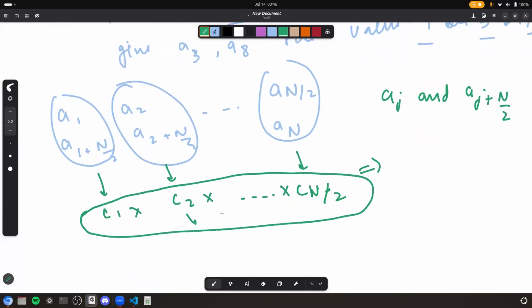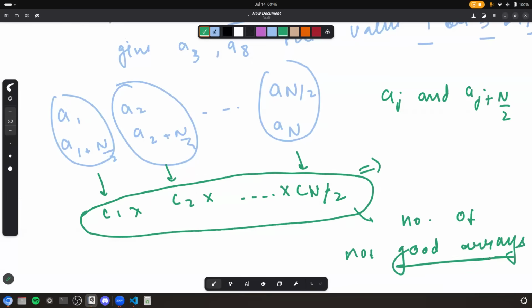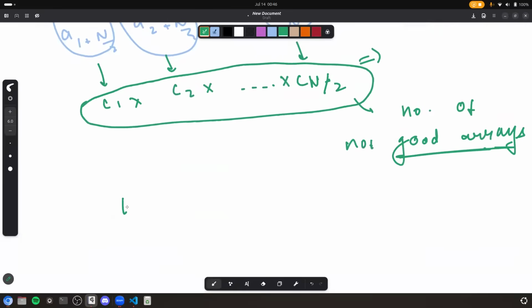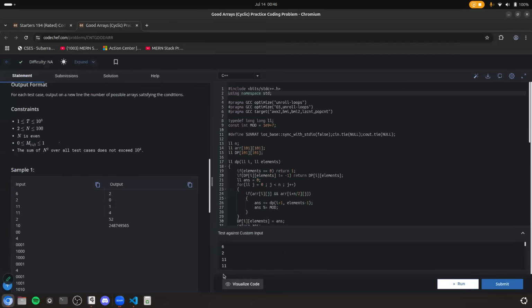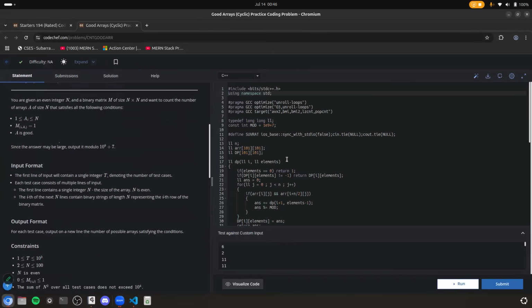So this will be the number of not good arrays, and the final answer would be total minus this. So this was it. I'll show you the solution, the code, now.